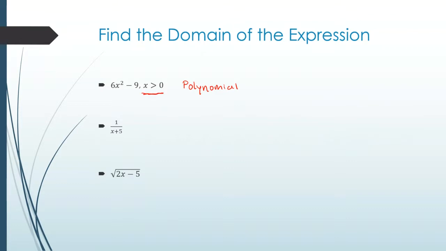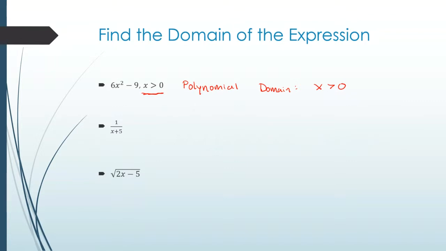So because they're telling us that, that means our domain is x greater than 0. Because they're specifying that we're not including the negative numbers here. So what that means is we can only plug positive numbers into 6x squared minus 9 for this particular expression they've given us.